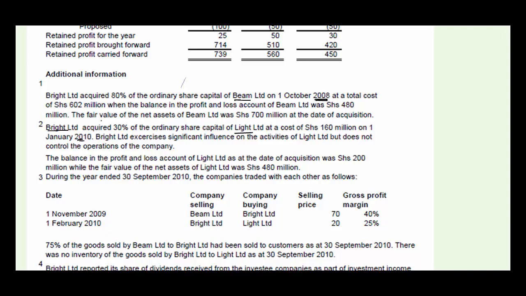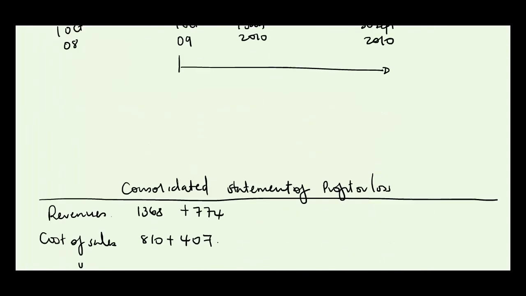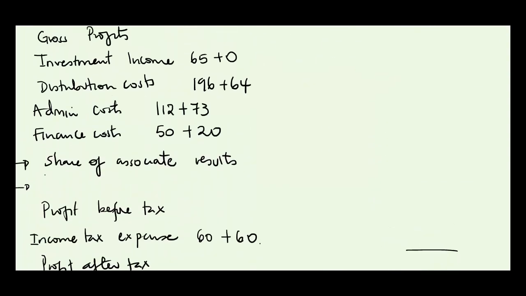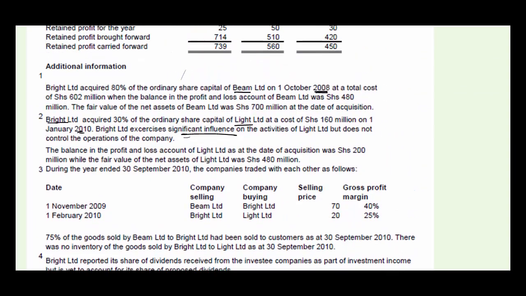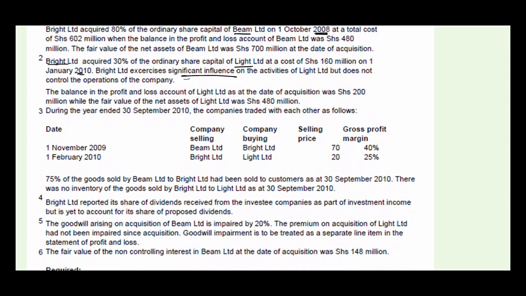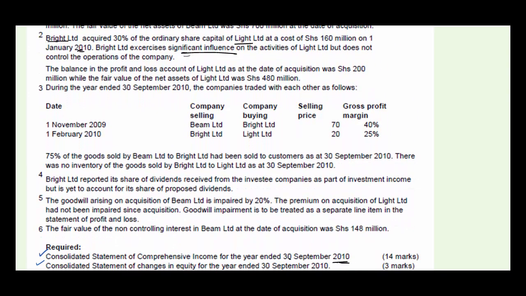And note number 2, Bright acquired 30% at a cost of 160 million on 1st January. We exercise significant influence. So this one is going to affect our associate results. Just a little bit, because the other things will be from the statement of P&L.